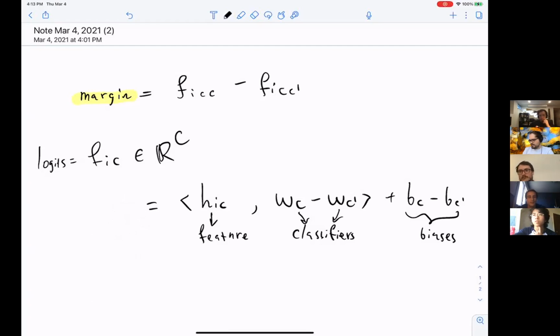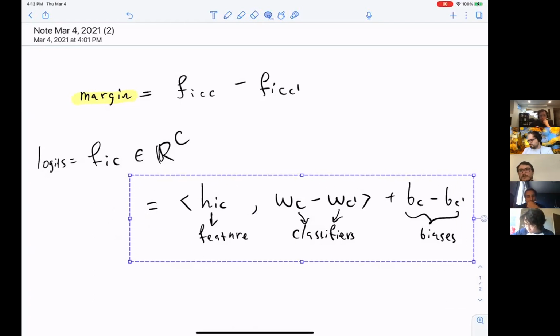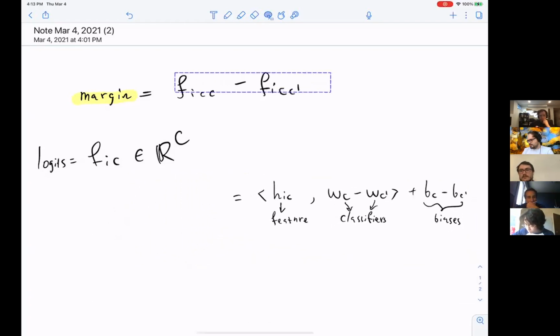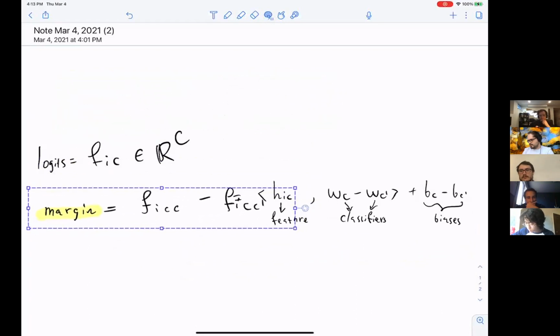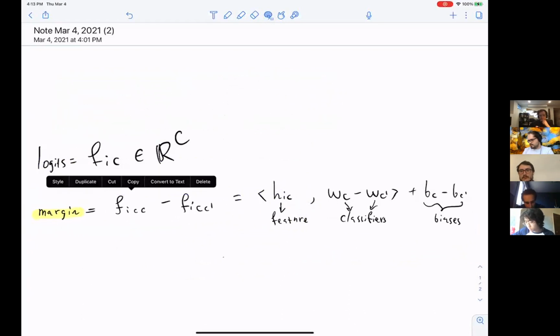So this is, let me copy this here, like this, and like this, okay? So the answer to Neo's question is that w_c is a classifier of class c and w_c' is a classifier of class c'. Does this answer your question, Neo? I see, that makes more sense now.